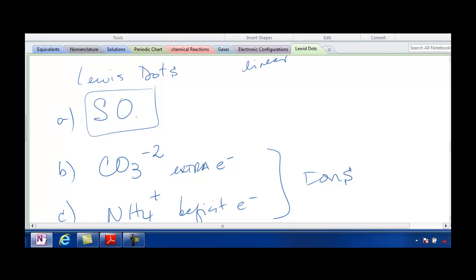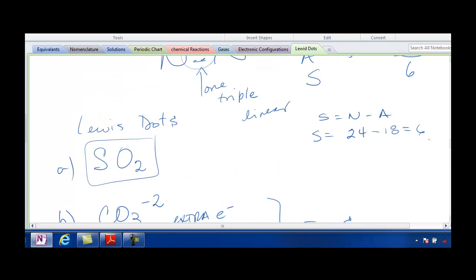Let's change this a bit. First thing we need to do is Lewis. In order for me to determine molecular geometry or electronic geometry, I can't do anything unless my Lewis dot is on the table. SO2 is called what? Sulfur dioxide. Okay, so that's step 1.